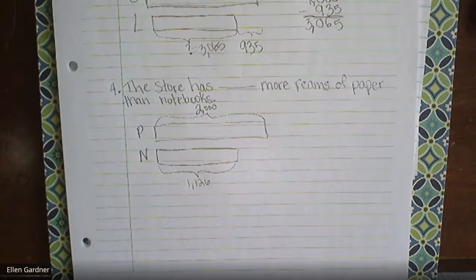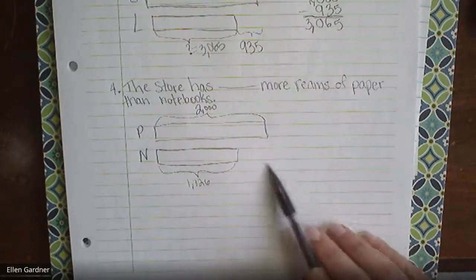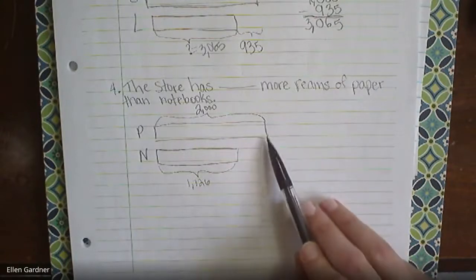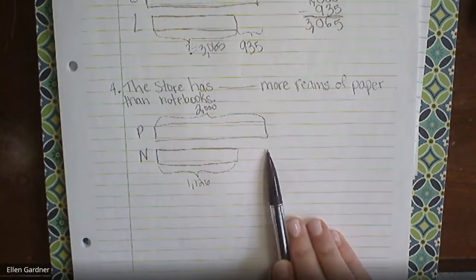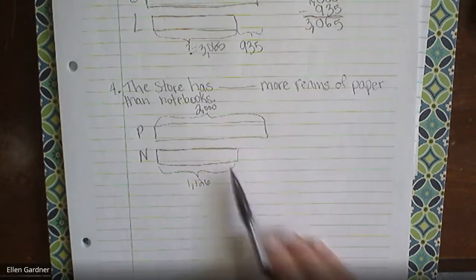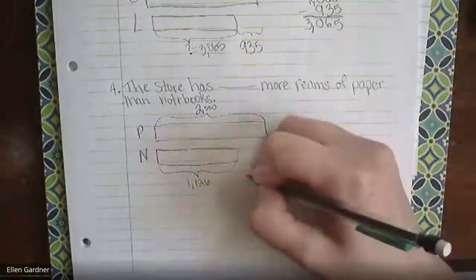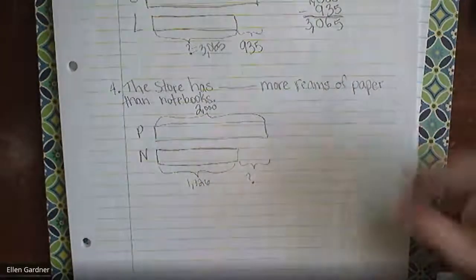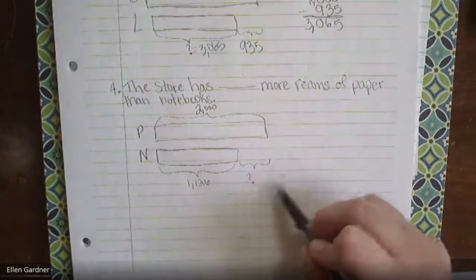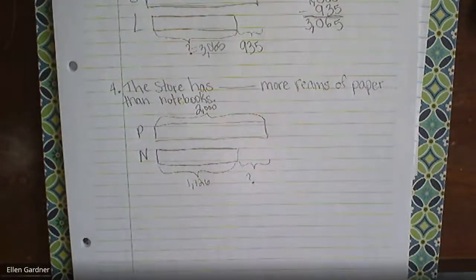Do you know where our bracket goes for what we're trying to solve? It's right here. This is where we're going to see the difference between how many reams of paper there were and how many notebooks. That's a question mark because we don't know the difference yet. I'm moving it over to the left a little bit so there's space for the number later.